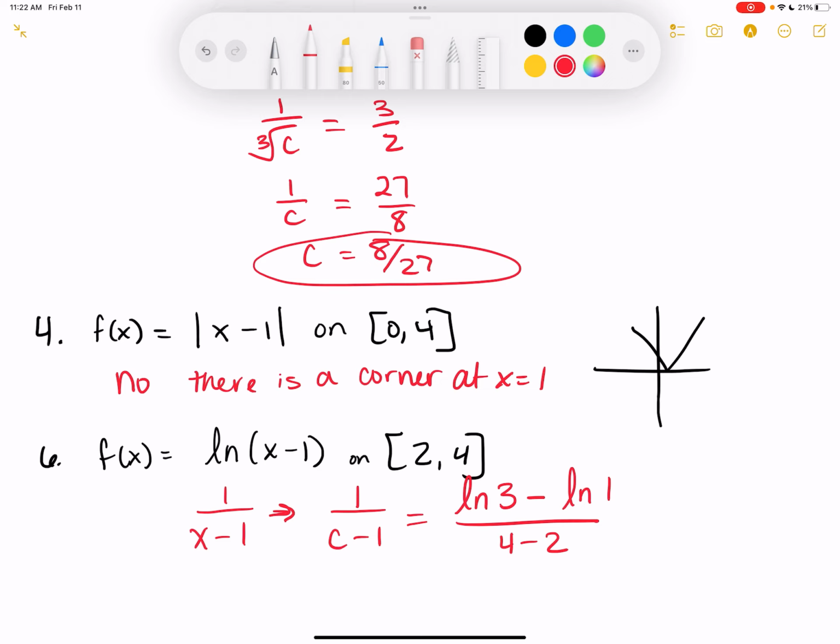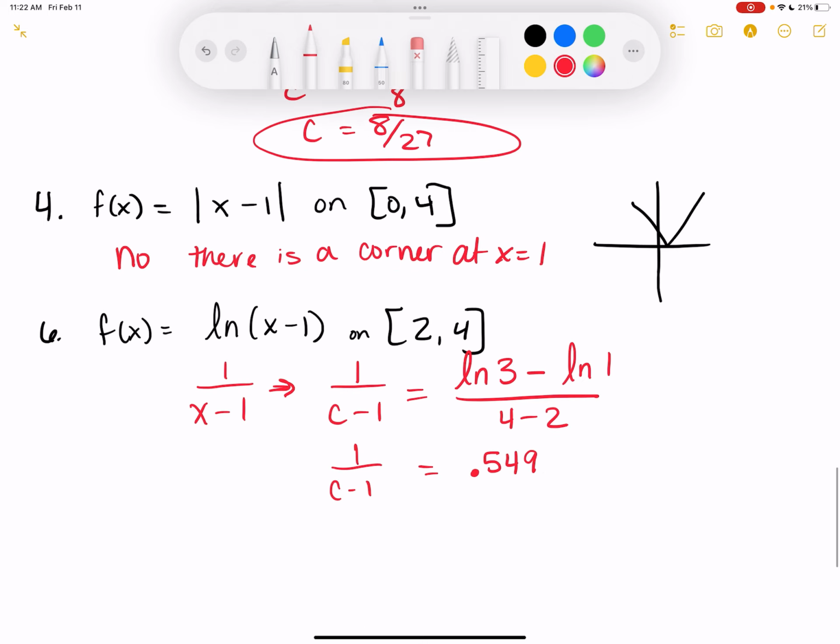So we would need to solve this out on the calculator. So 1 over c minus 1 is equal to, assuming I did this correctly previously, 0.549. So we need to multiply by c minus 1.